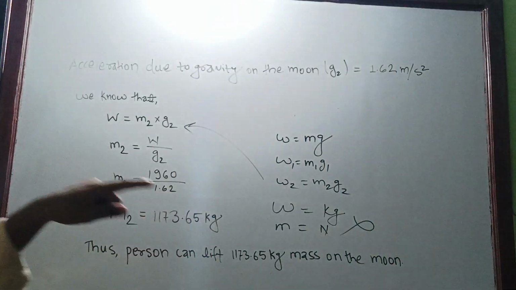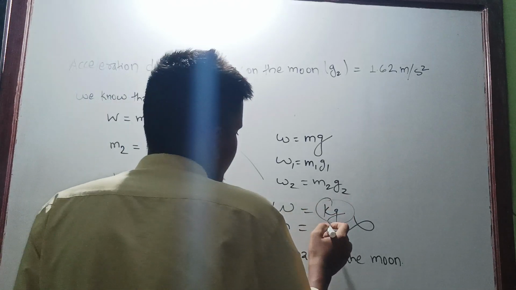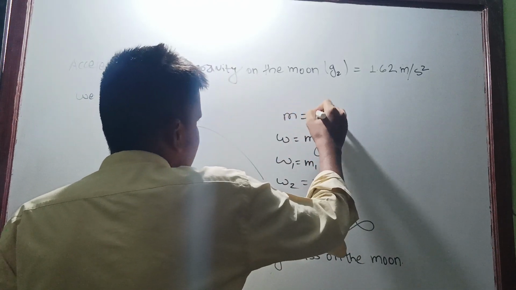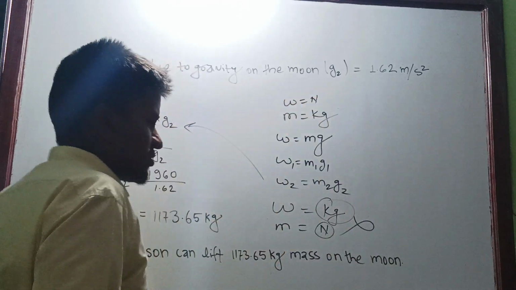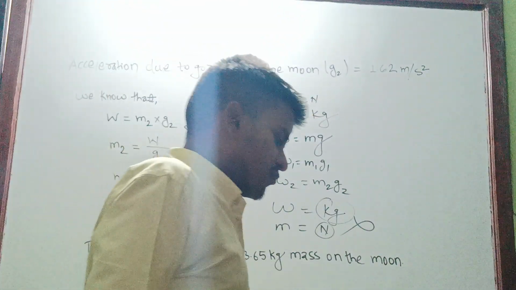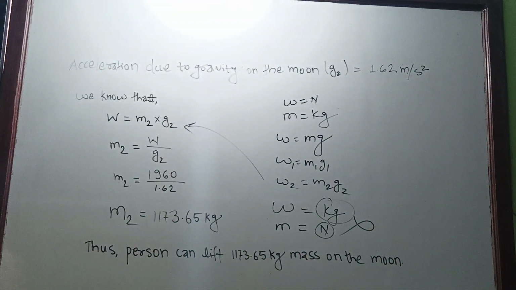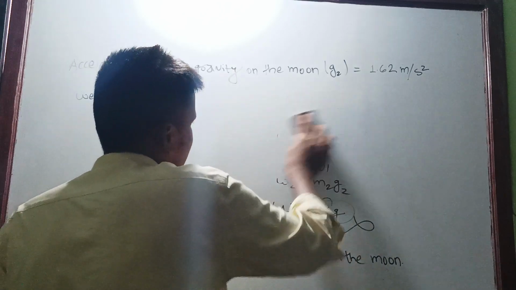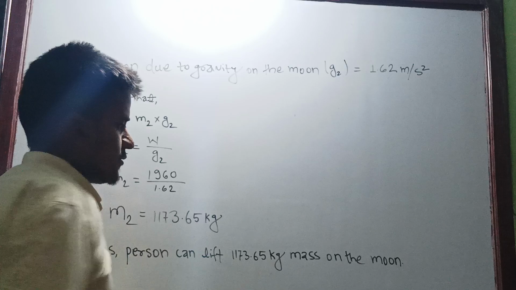You can't write kg for weight and Newton for mass, because we all know that mass is always noted in kg as the SI unit and weight in Newton. Always consider this, otherwise even if all your numericals are correct, with this type of small mistake the teacher will know that you don't have a basic understanding of physics. So it should be avoided.